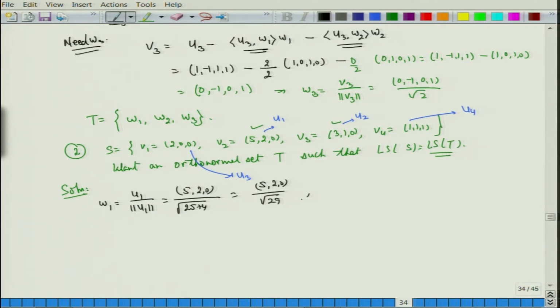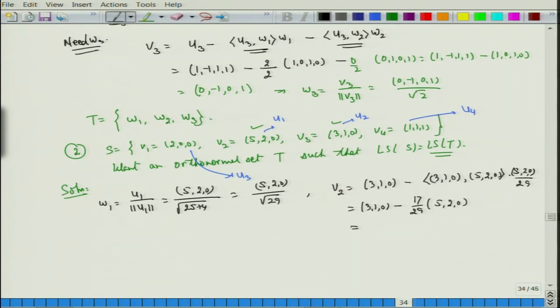Now I have to define V2. So V2 is U2, which is (3,1,0), minus the dot product of (3,1,0) with (5,2,0), into (5,2,0) divided by 29. Because it is a unit vector, root 29 will come twice. So this will be equal to (3,1,0) minus 17 upon 29 of (5,2,0), since 3 into 5 is 15, 15 plus 2 is 17.